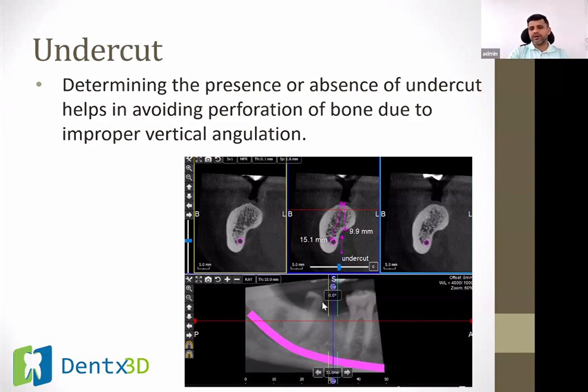For example, if I measure only on this OPG view, which is the two-dimensional view at the bottom, my height is 15 mm. But if I drill 15 mm straight, after 10 mm I will be drilling outside the bone. So either I have to drill straight 10 mm, or tilt it and then use 15 mm as my height.